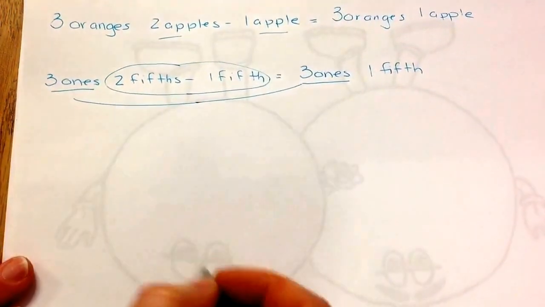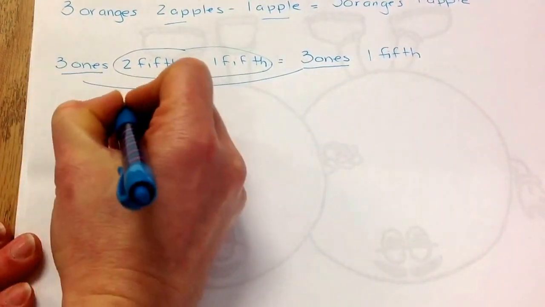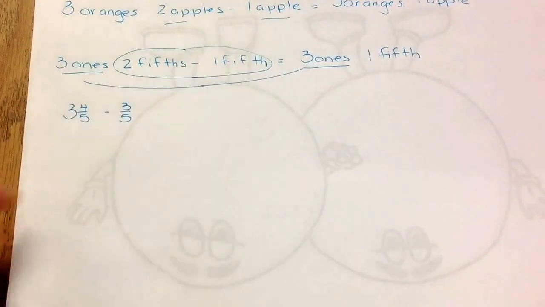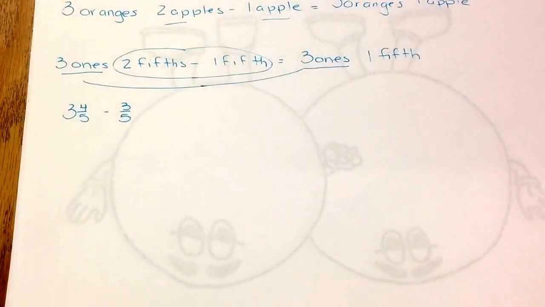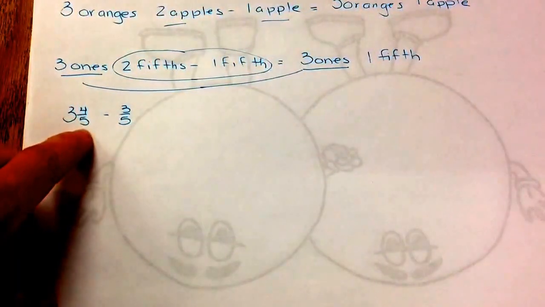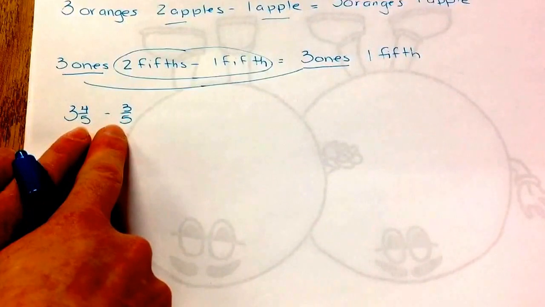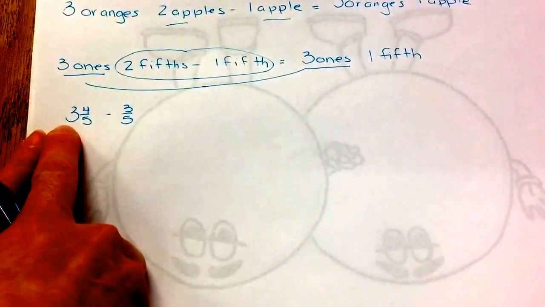All right. Now for some harder stuff. Go ahead and write 3 and 4 fifths minus 3 fifths. The question you want to ask yourself is, is my fraction already big enough so I can subtract from it? Or do I need to decompose?